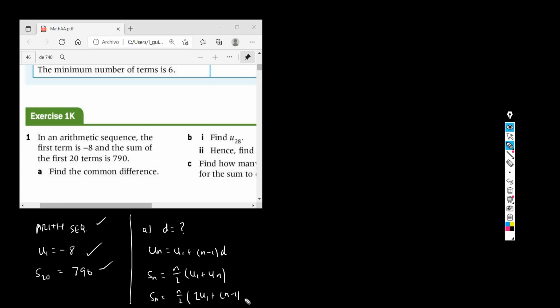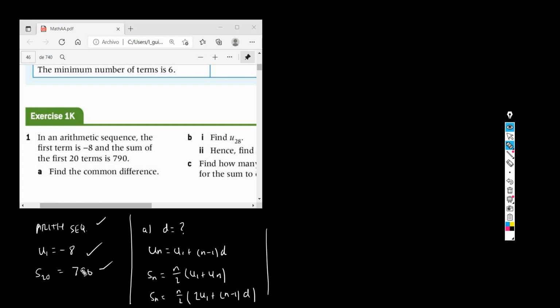So with these formulas, guys, I can play with them, taking this data and substituting into some of these things, so I can eventually find the difference.